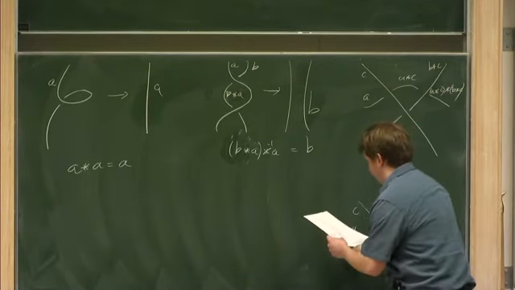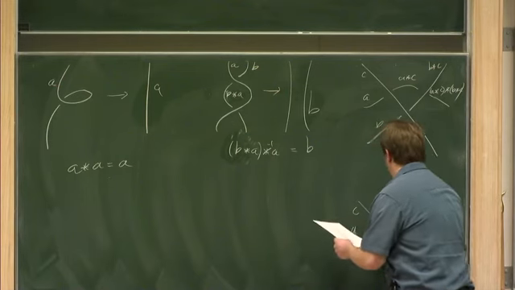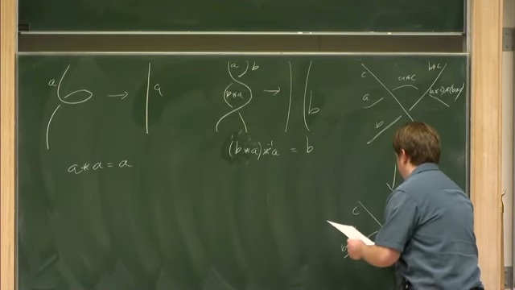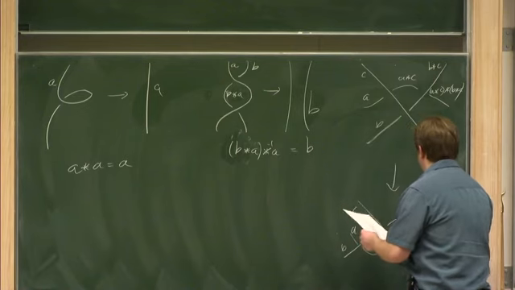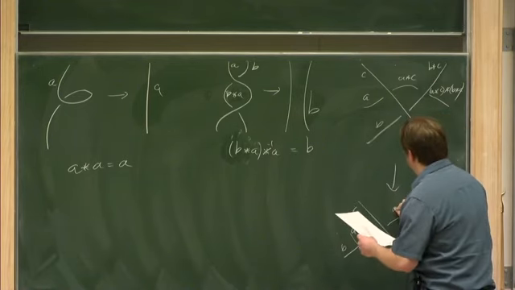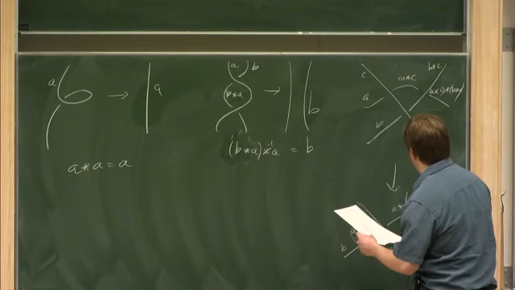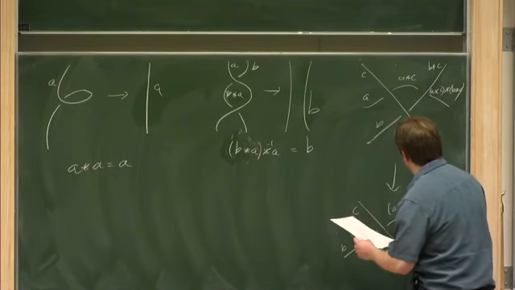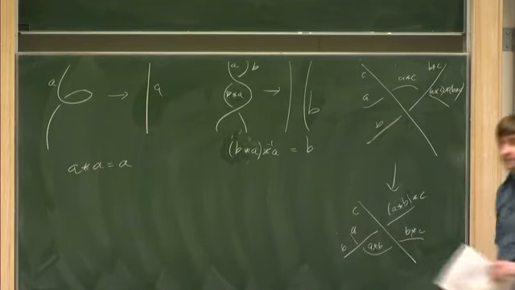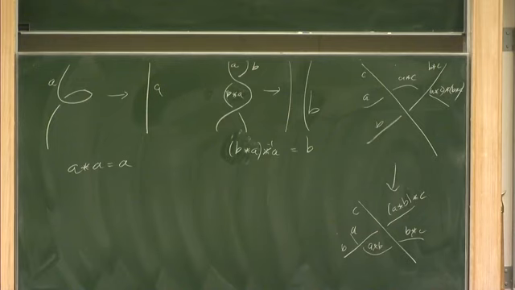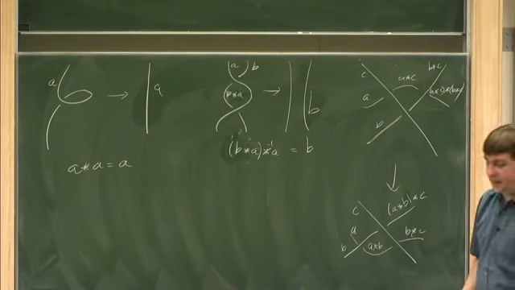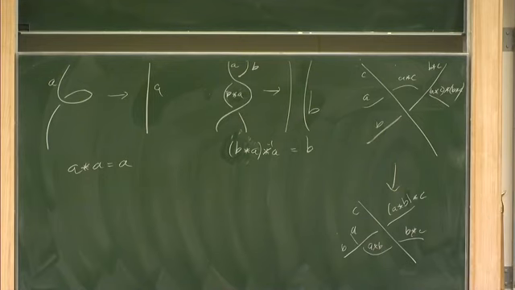C, A, B, A star B, B star C, A star B star C. So that's how they correspond. And if you get the orientations right, which is not something I've mastered clearly, then you can do it properly.